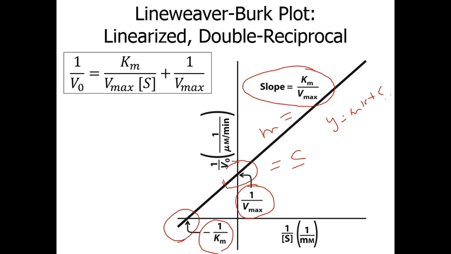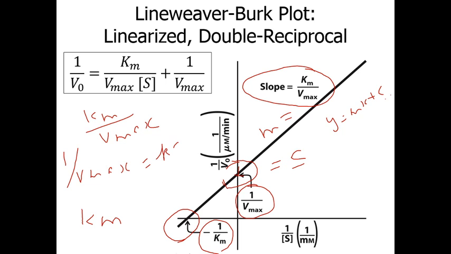So this will give you the value for Km, the y-intercept will give you 1 over Vmax, and the slope will give you Km over Vmax. And from these values, you can get kcat, right? And then you can calculate kcat on Km. So these are two different variants of the Michaelis Menten equation.